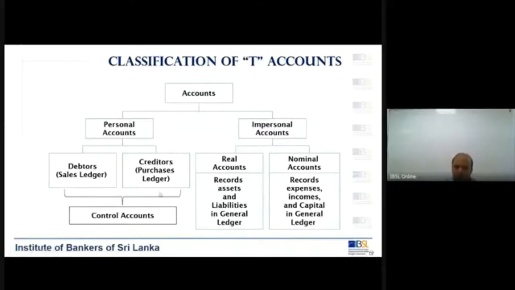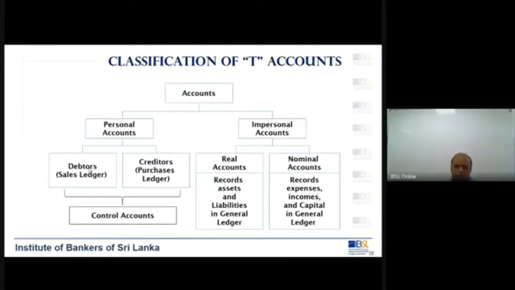Now I am introducing two terms which will go through this entire accounting module, where you will have to use them: debtors and creditors. Who is the debtor now? You have to always look at the transactions from the business point of view.